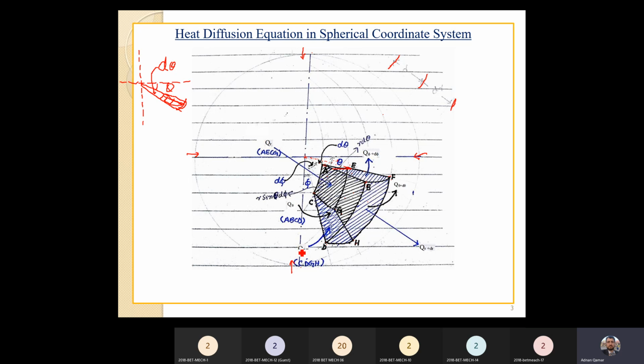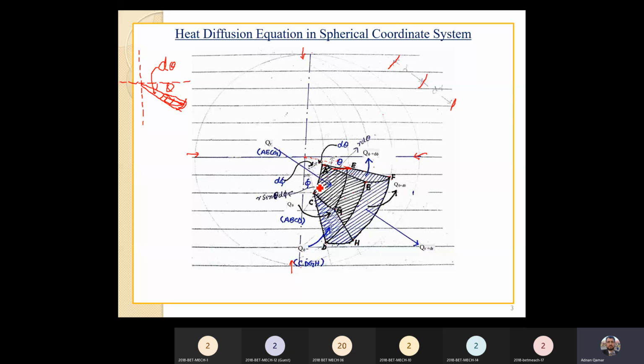So it would be cut into two equal pieces vertically, and this surface is on the right side of that plate. It can be on the left side. We are considering it on the right side.